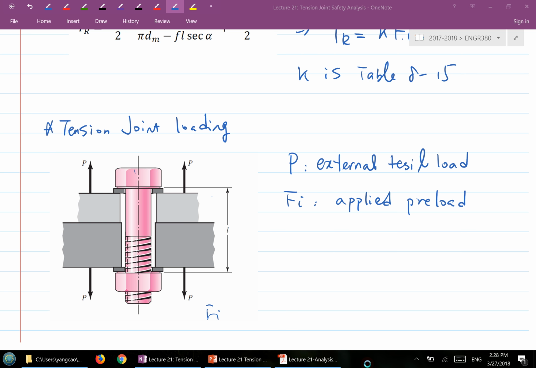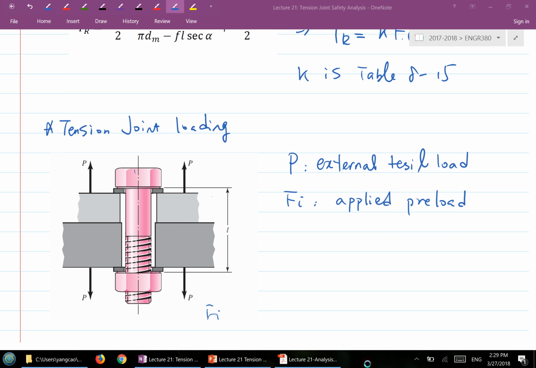Now, when the external load comes into the picture, it is trying to push the two members away from each other. Then part of this external load P will be felt by the bolt, and part will be shared by the member.